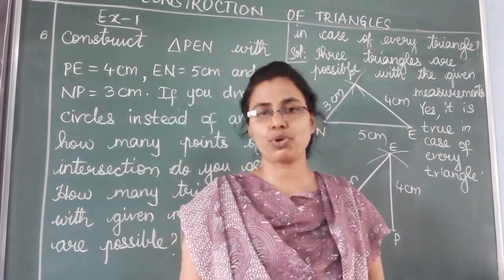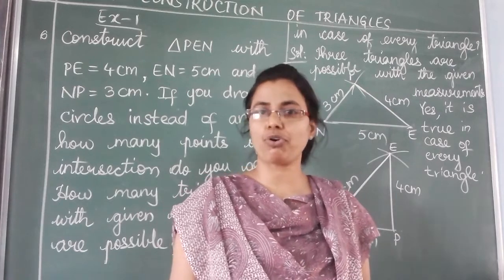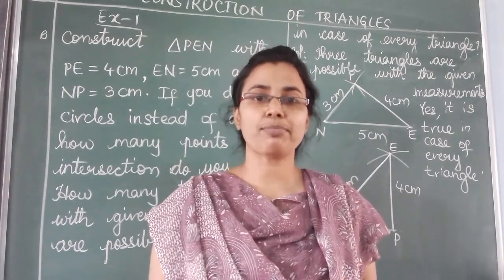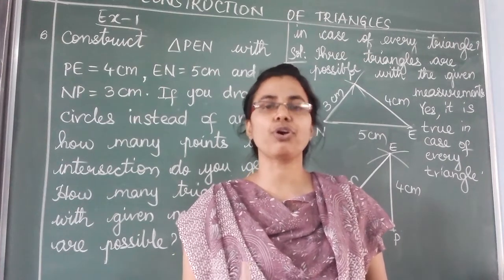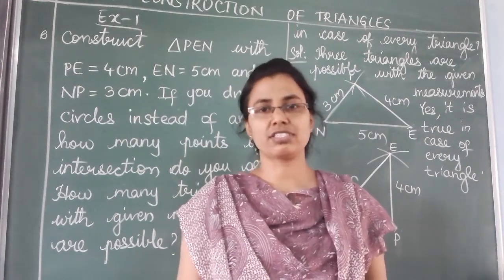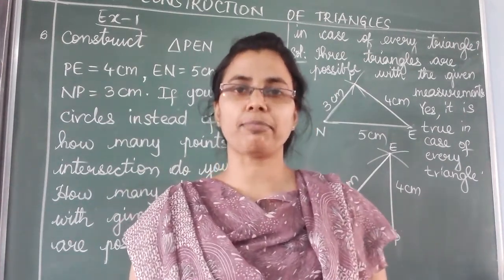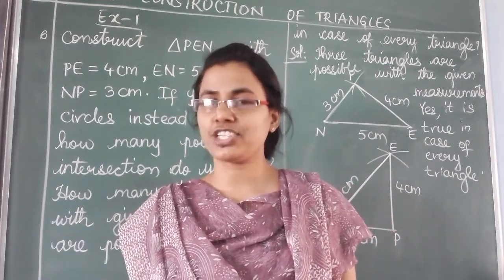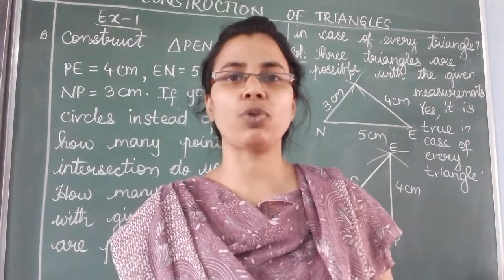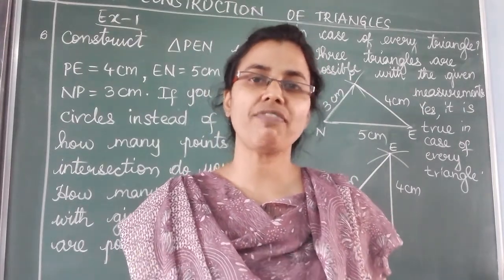In chapter 8 there are 4 exercises, in chapter 10 there are 4 exercises, and in chapter 12 there are 2 exercises. So totally 10 exercises are there for your FA formative assessment 2 exam. Understood? So next class, that is the new week, we are going to begin with our formative assessment revisions.